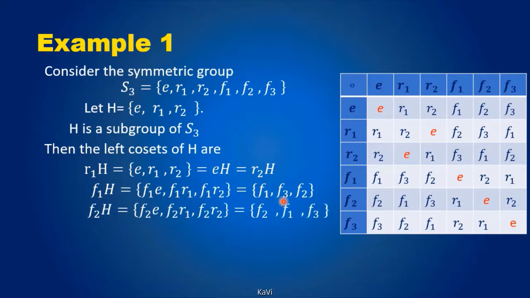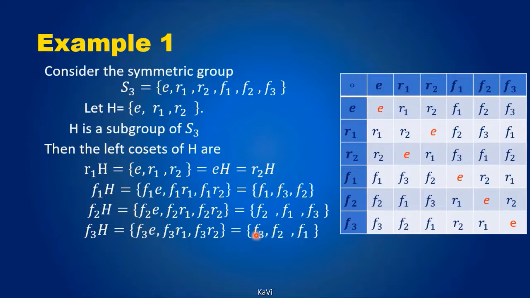Similarly, you can find F2H and F3H. You may see that all these three sets are identical. That is, F1H results in F1, F2, F3, and F2H also results in F1, F2, F3, and F3H also results in F3, F2, F1.